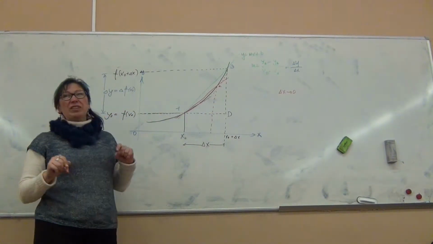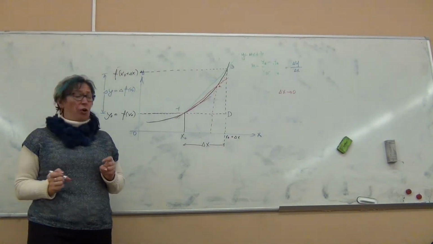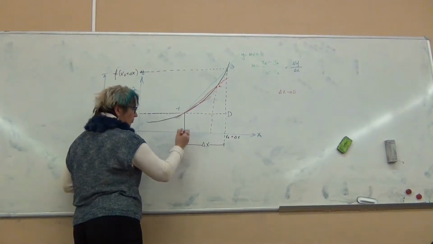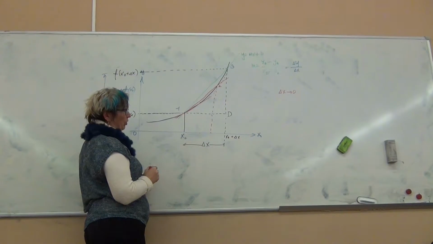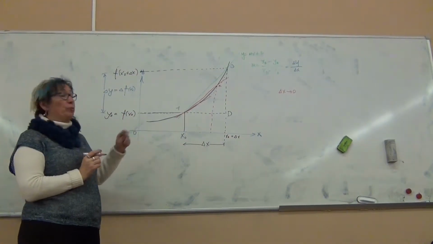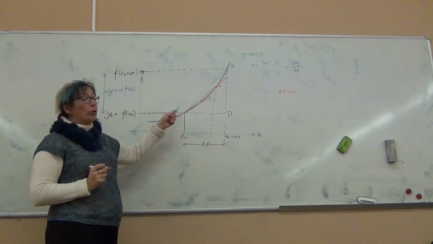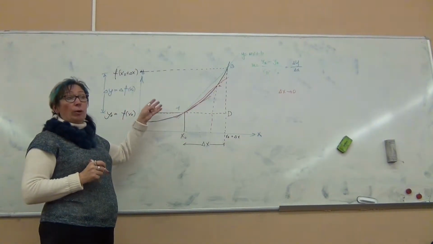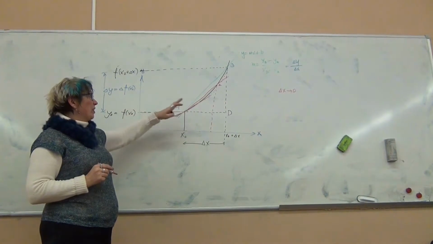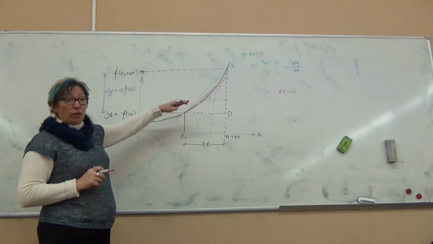So what happens when delta x is almost 0? When delta x becomes very, very small, the point B almost coincides with the point A. So the secant is almost the tangent line.